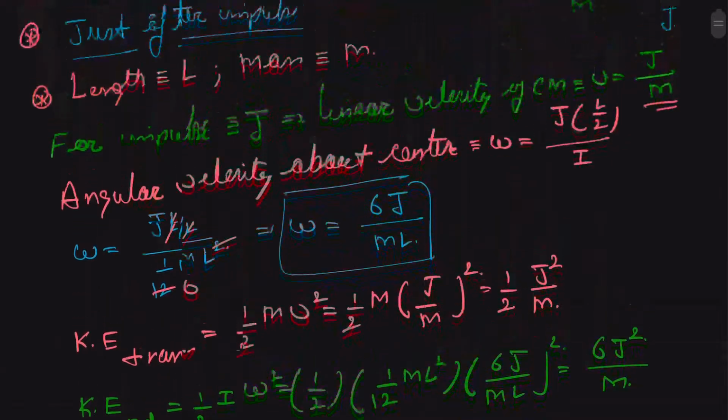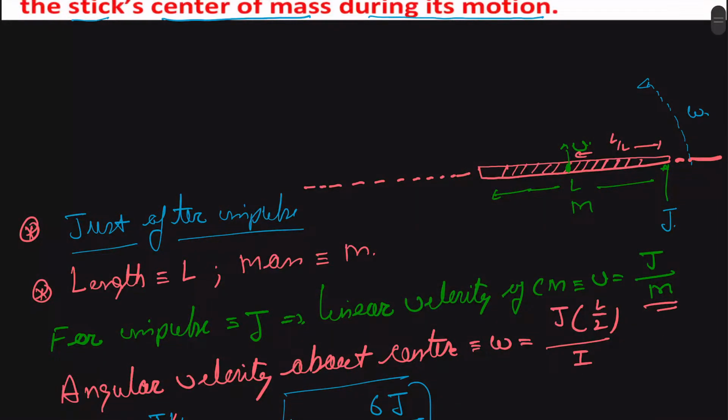And no doubt it's given that the stick is already at some height, but for the sake of convenience, because this stick will be returning back at the same height, let us suppose it lands somewhere here. Therefore we can assume that the initial potential energy is equal to 0, because the initial and the final potential energy will be the same, so there is no need to solve with respect to potential energy.